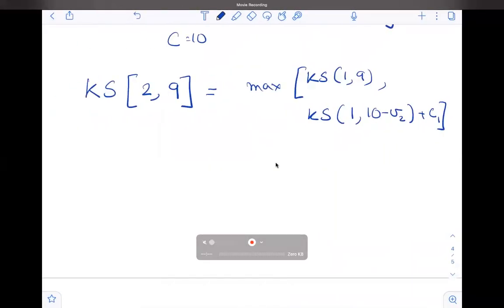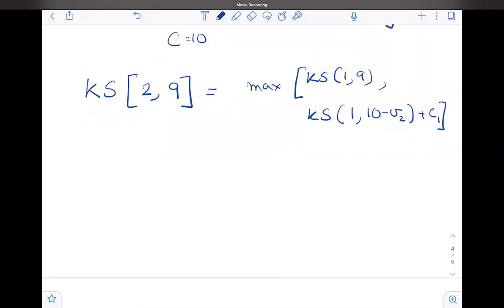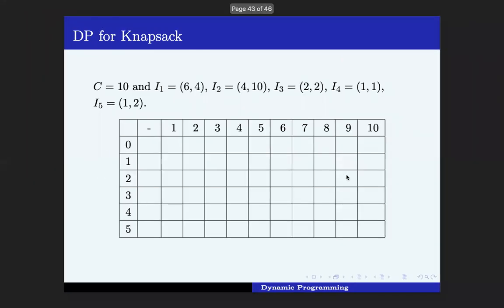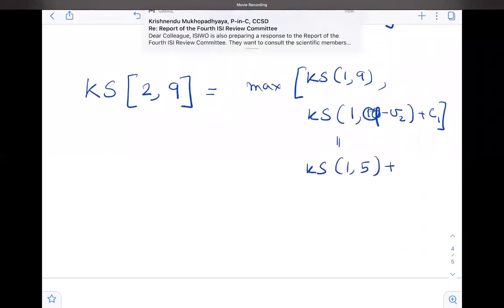So now what we have is something of the form C minus a summation of the VIs. If it's 2, 9, here V1 is 4, V2 is 4, so this will be 1, 5. This will be 1, 5, plus something, whatever 10 or something that was there.